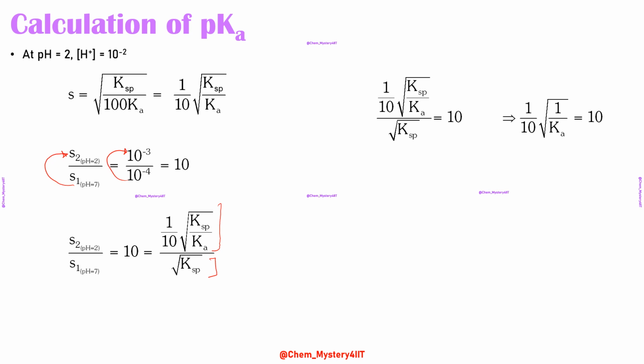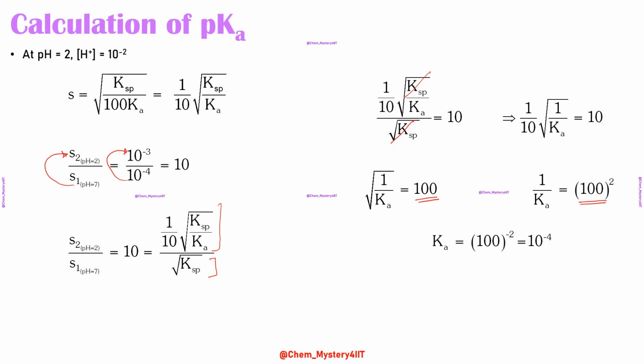So this is giving us the value of 1 by Ka as, what we have done is we have cancelled out one Ksp term over here. So this is 1 by 10 times 1 by root of Ka, that is 10. So 1 by square root of Ka is becoming 100. So it implies that 1 by Ka is 100 square. So Ka is turning out to be 10 raised to power minus 4.